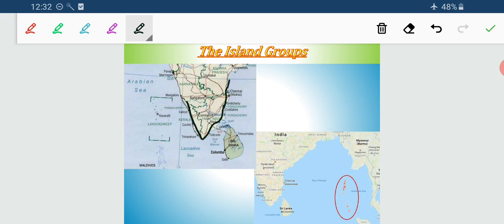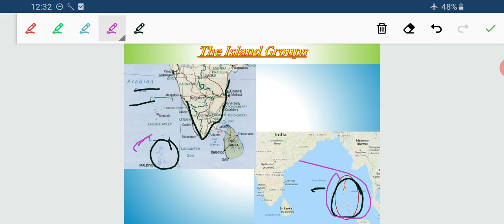Now on this side we have one island group, and on this side another island group. One is in the Arabian Sea and another one is in the Bay of Bengal. This is the Lakshadweep Island Group and this is the Andaman Nicobar Island Group. So now you have the location of the island groups.